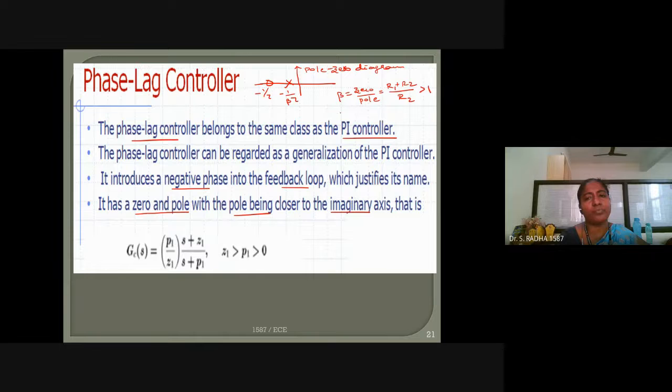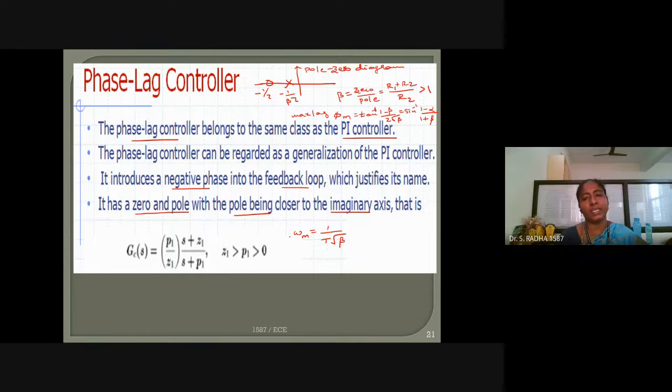Then the maximum lag is tan inverse of 1 minus beta by 2 root beta, otherwise sin inverse of 1 minus beta by 1 plus beta. This is the maximum lag in a lag compensator. The frequency at which maximum lag occurs is 1 by tau root beta.